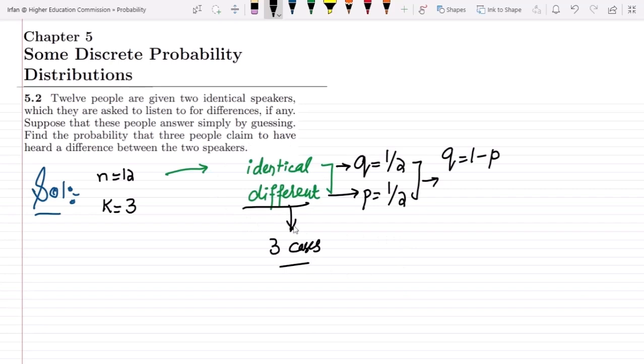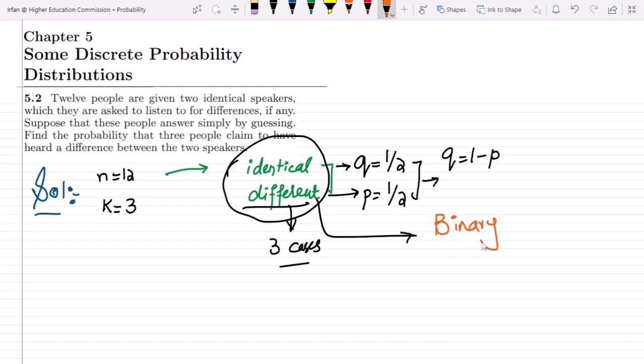These are questions in which we have binary operations, or two outcomes. So these are basically the trials which are called Bernoulli trials.